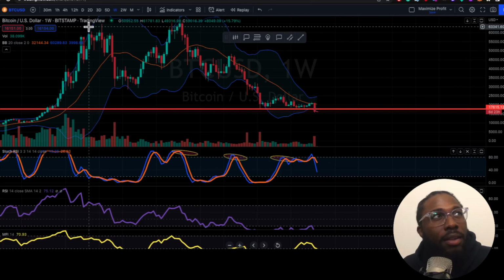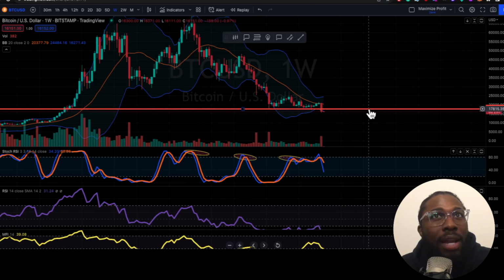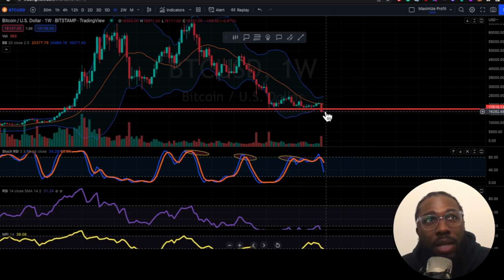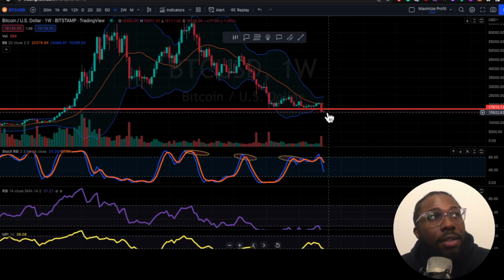And when we look at the support and resistance lines, right now I have this support line at 17K, which is now resistance. Depending on what happens this week will determine how the market would look for the rest of the year. I do think the bottom is in when I look at my particular indicators.